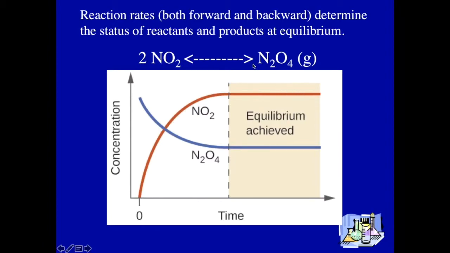This is a reversible reaction. It might actually be better if I wrote the dinitrogen tetroxide on the left side, just to see, because that was what originally came into this container first. But what actually happens is this has a certain rate of reaction. This has a certain rate of reaction. When these two come into balance, then we reach equilibrium.